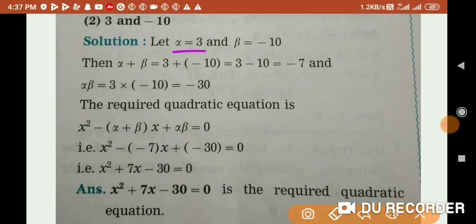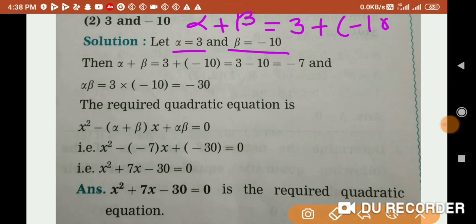Now again see the next example. Here the value of α is 3 and the value of β is −10. First we get the value of α + β.